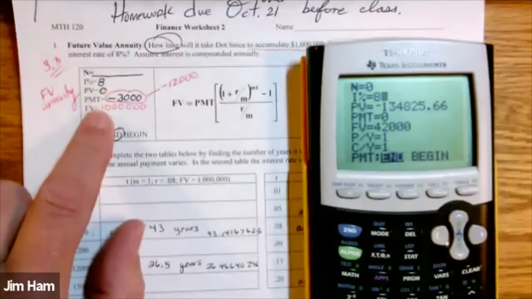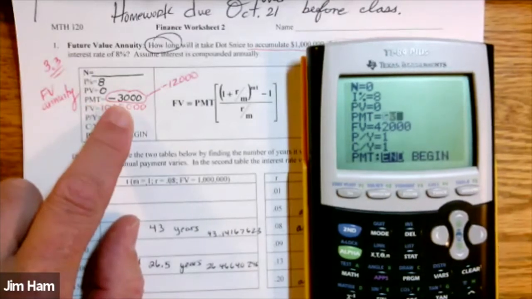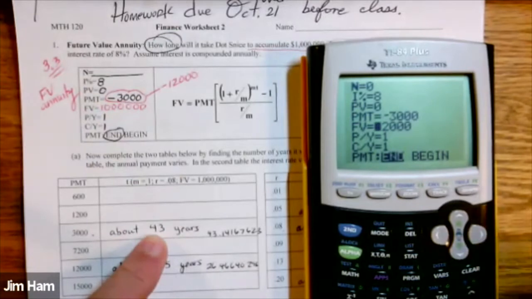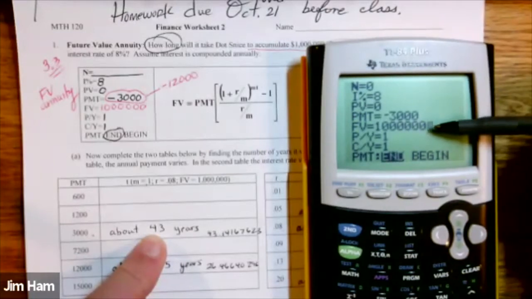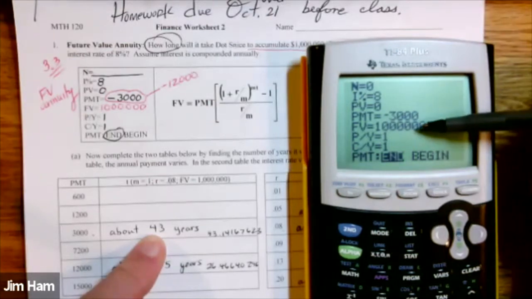We start with nothing, so the present value is 0, and in all of our future value problems, the present value is 0. The payment is 3,000, and we're trying to achieve $1 million. So $3,000 per year: how long will it take us to achieve $1 million?